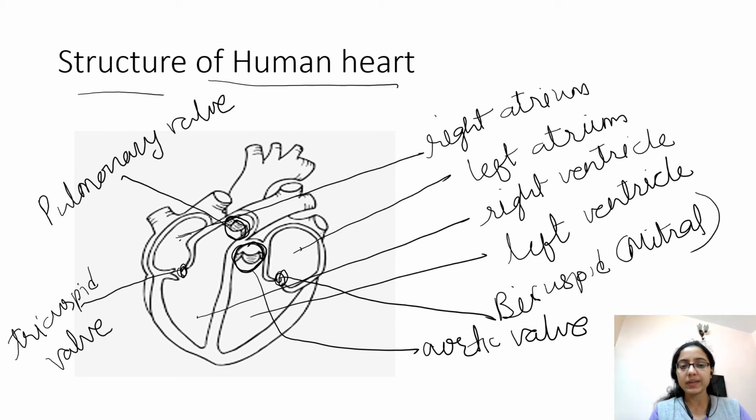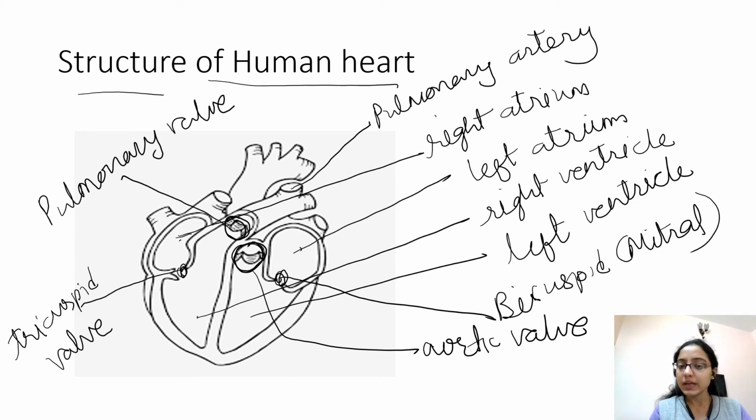The pulmonary valve is present between the right ventricle and the pulmonary artery, while the aortic valve is present between the left ventricle and the aorta. So these are the parts of the heart which perform an important function in the flow of the blood.